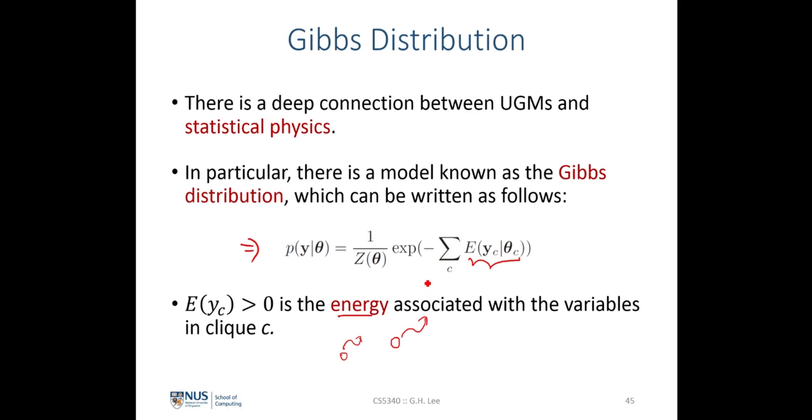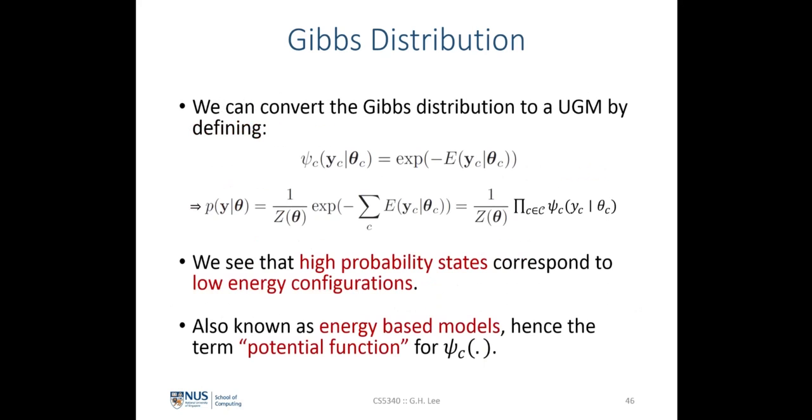We'll use this Gibbs distribution to model the random motion of the particles in the liquid or in the air in statistical physics. Over here, we adopt this particular distribution in our joint distribution for the undirected graphical model.